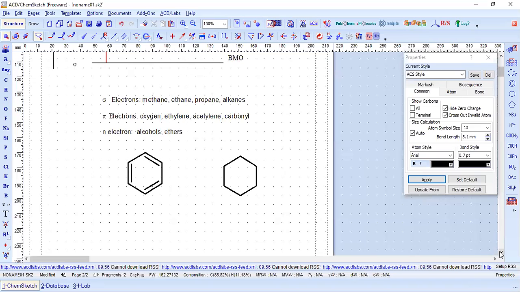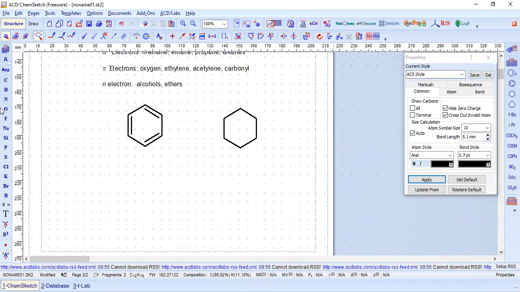And take simple phenol, or benzaldehyde. We take benzaldehyde. This is the benzaldehyde case.